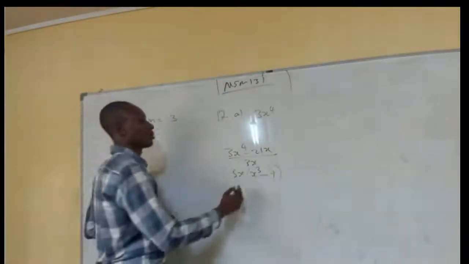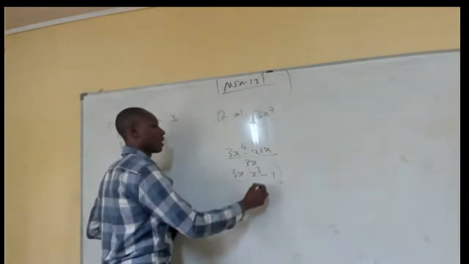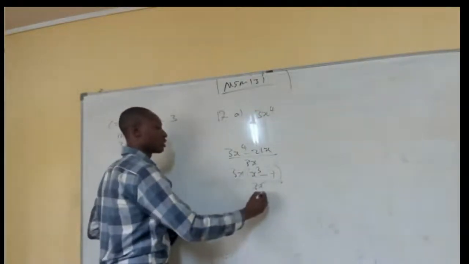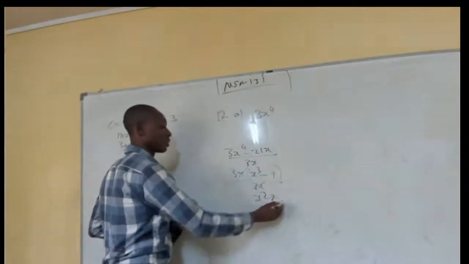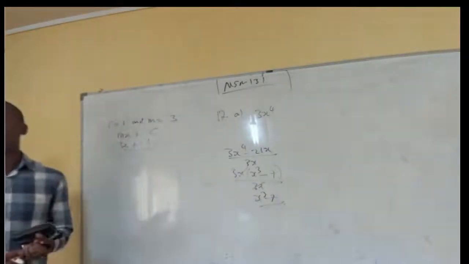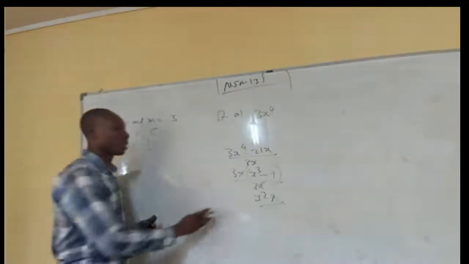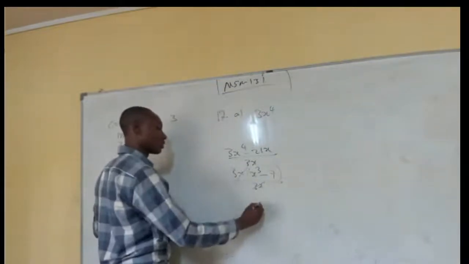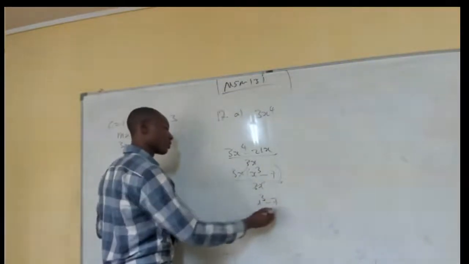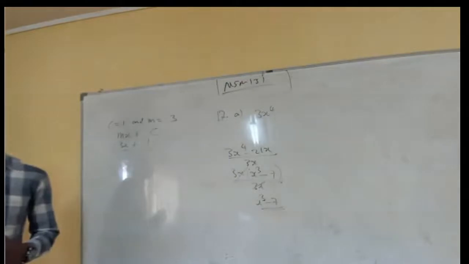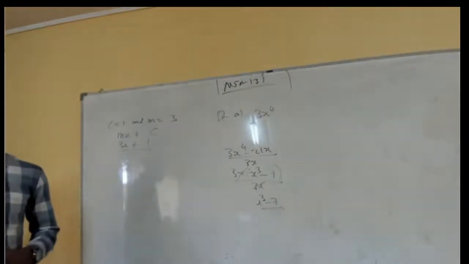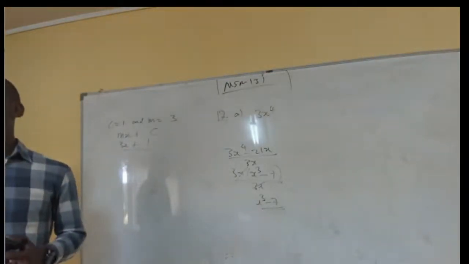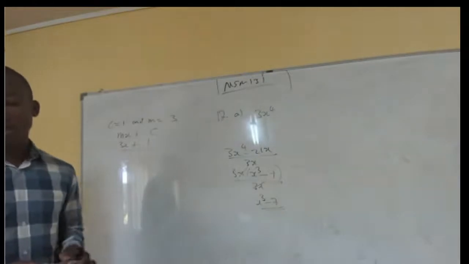So over 3x, then these will cancel, so the answer is x cubed minus 7. That is our final answer. Next question.